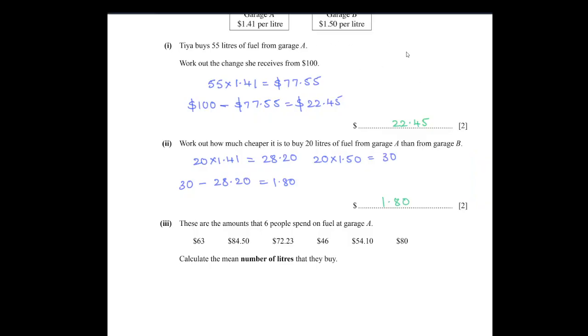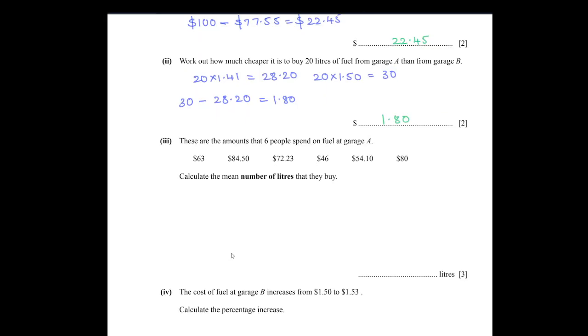These are the amounts that 6 people spend on fuel at garage A. Calculate the mean number of liters that they buy. Now the cost is given to us. We need to find the mean number of liters. So how many liters they bought, that you have to find out. For $63, how many liters will be bought? What you have to do?